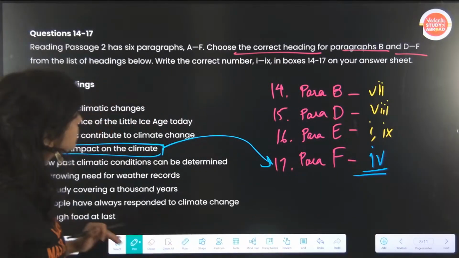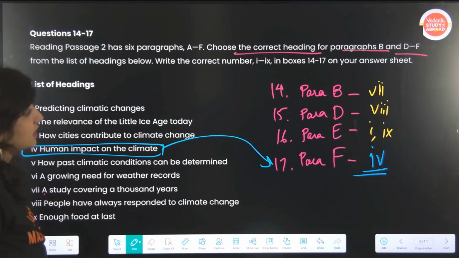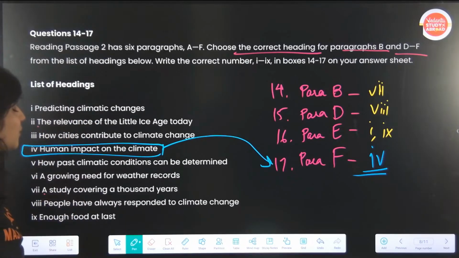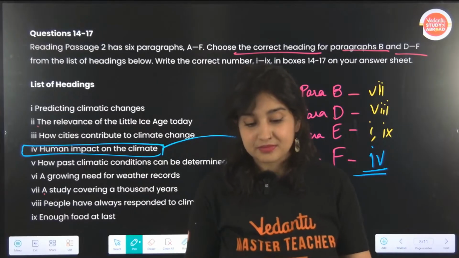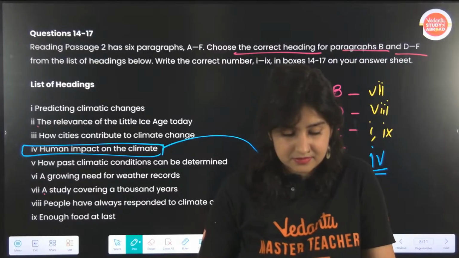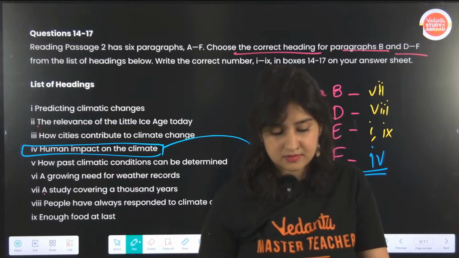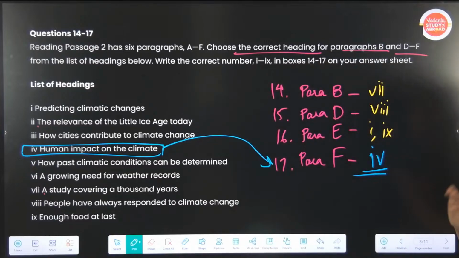With that in mind, which of these headings fits para B? Could it be 2, the relevance of the little ice age today? Think about it.